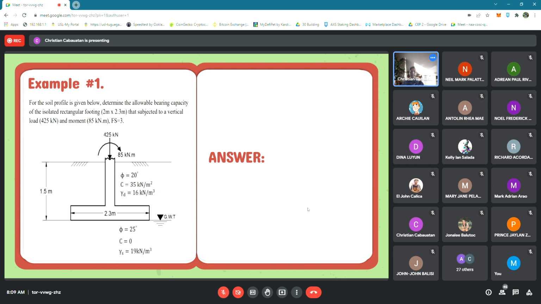The internal friction of the soil below the groundwater table is 25 degrees, and the cohesion is 0 because it is saturated, so there is no cohesion. The gamma saturated is 19 kilonewton per meter cube.